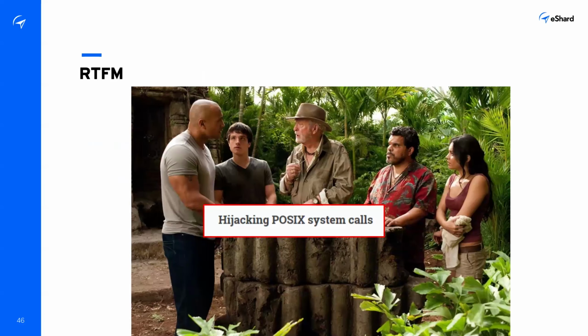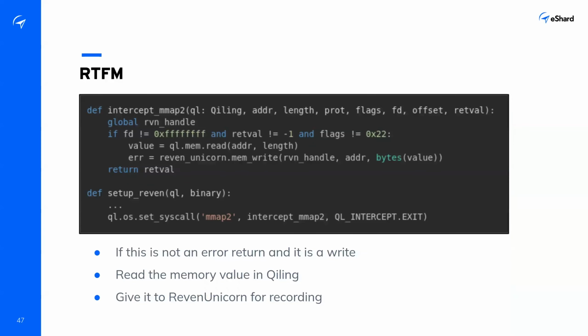Reading the manual, we saw that Qiling provides this API for POSIX system calls that we can hook ourselves into. This is how you intercept the mmap2. You just have a few conditions, because if the FD is different from 0xFFFFFFFF, and so on, we simply read what has been written in the memory inside of Qiling and register it in Revenue Unicorn.